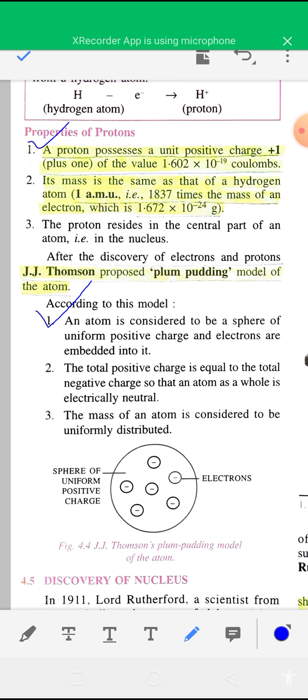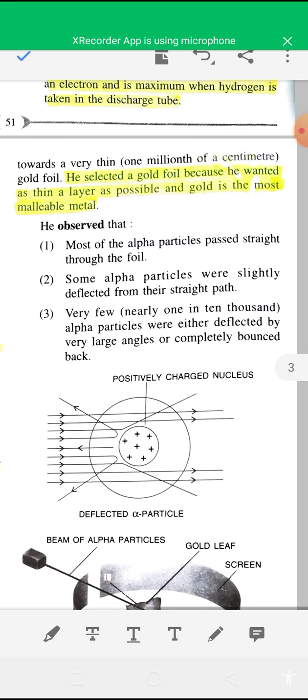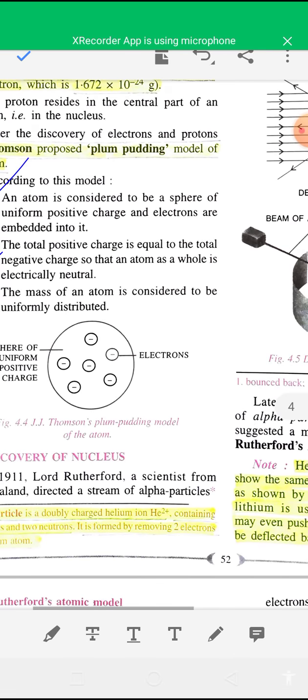The total positive charge is equal to the total negative charge, so that an atom as a whole is electrically neutral, and the mass of an atom is considered to be uniformly distributed. This model was discarded later.